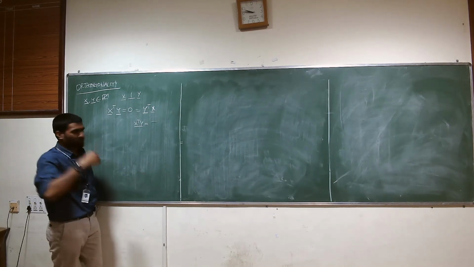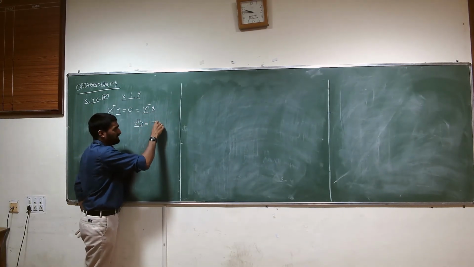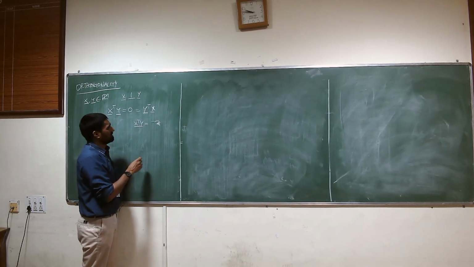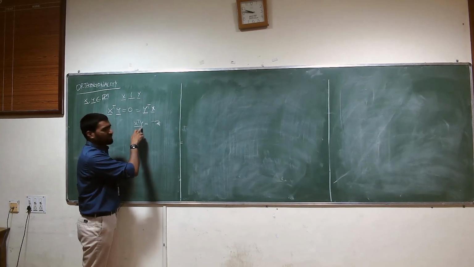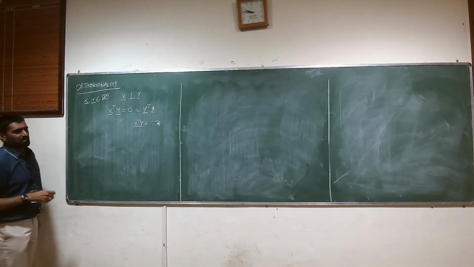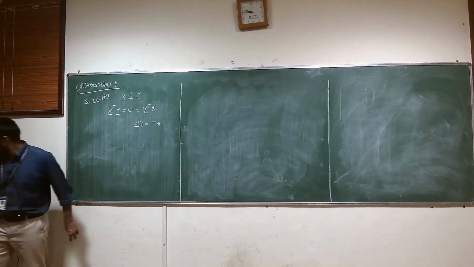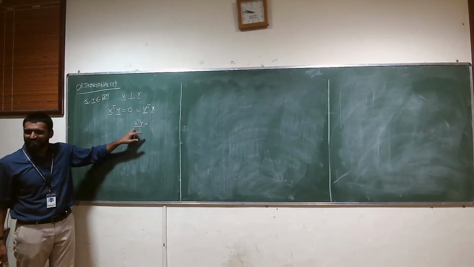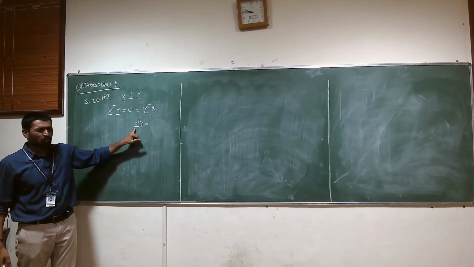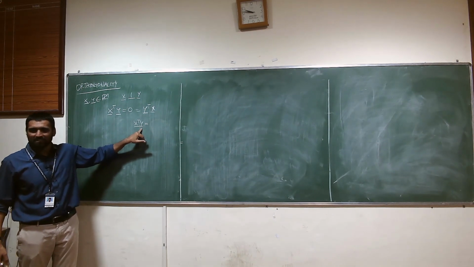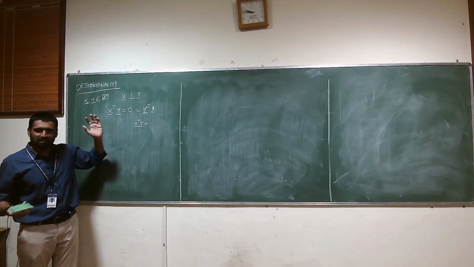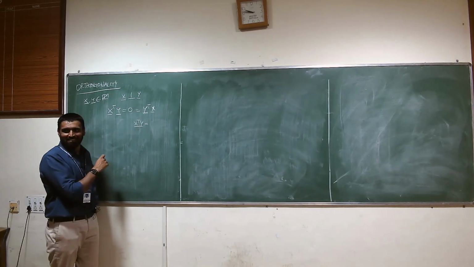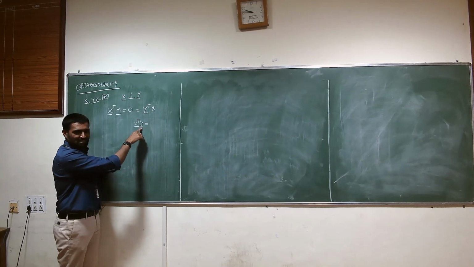N rows, you're right. How many columns does it have? This is a 1 cross n matrix. This is an n cross 1 matrix. The product is simply the inner product of the first row and the first column. I'm asking what this will work out to in terms of the components of x and y.